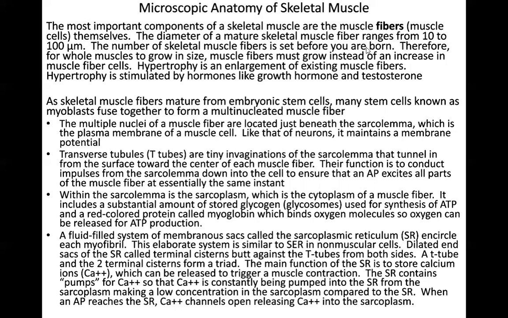So when our muscles grow, which they obviously do from when we are a baby to when we are an adult, you know, the guy on the front page had gigantic muscles. His grew tremendously, and that's going to occur due to a growth in size of the fibers, not a growth due to an increase in cell number.